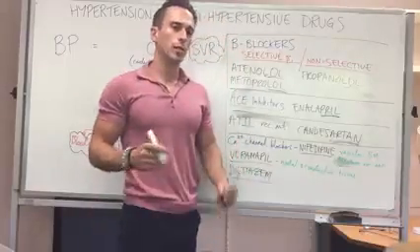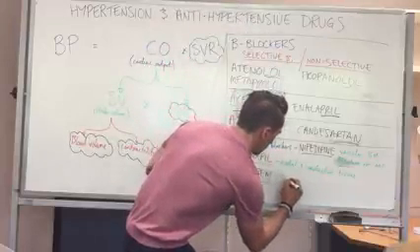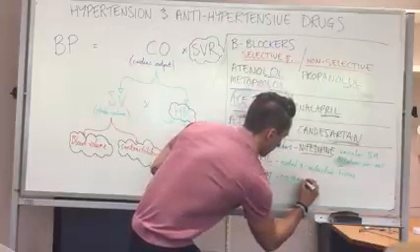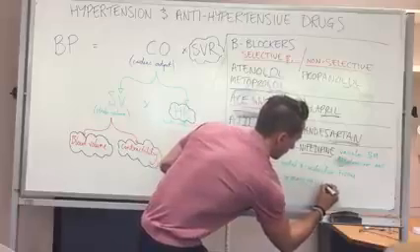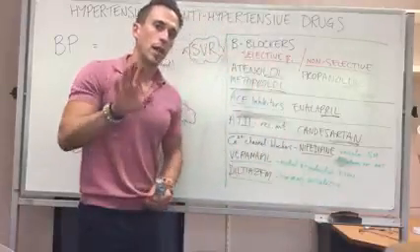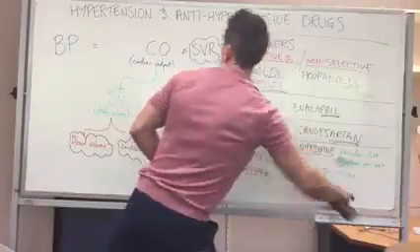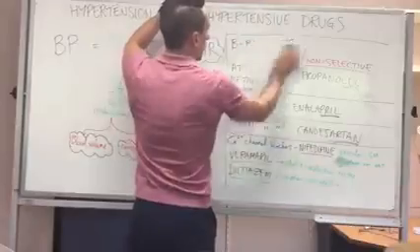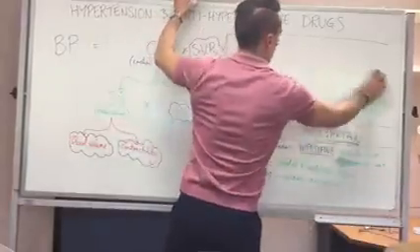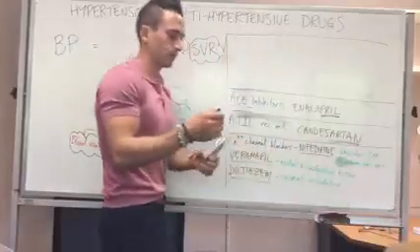Where does diltiazem tend to have its effect? At the coronary vasculature. All right, last thing I want to talk about, don't have too much room here, so I'm going to have to get rid of the beta blockers, other diuretics.